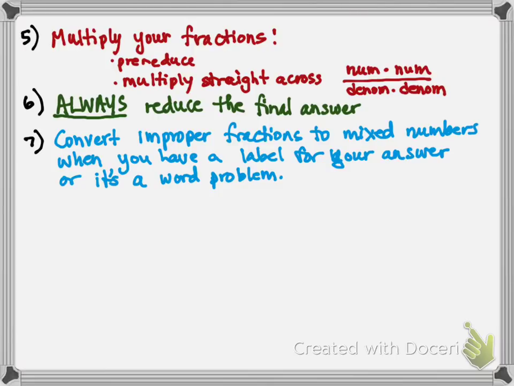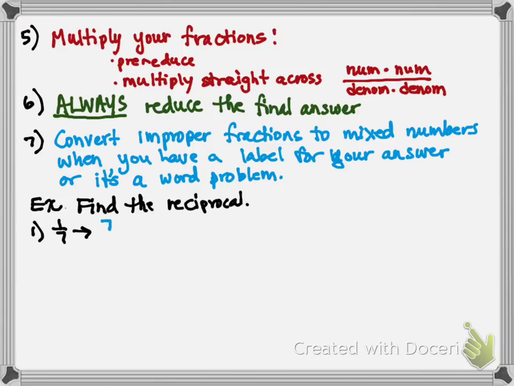So first is real simple. Let's practice that idea of find the reciprocal. And you'll see this on your practice. So they're going to give you a value. So we'll start with 1/7. Your job is to take the reciprocal. And the reciprocal just means we're going to flip things around. That's it. That's all you would do on that one.